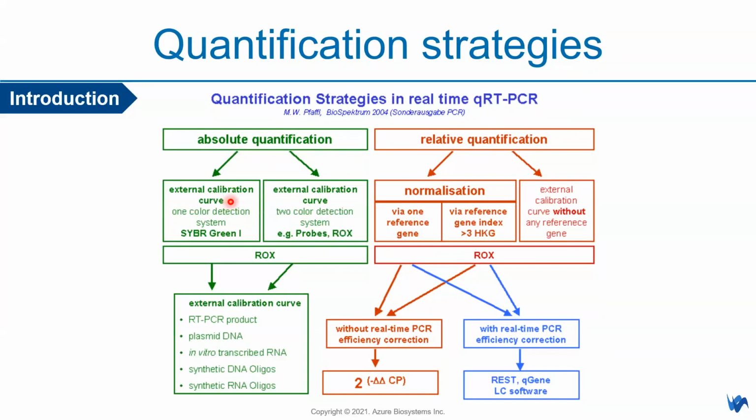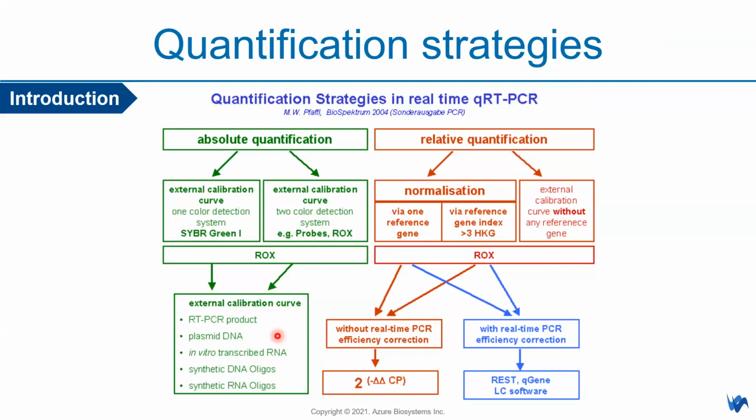Either you're using one color detection system, which is using just a SYBR Green, or using multiplexing detection system, like you're having different probe dyes, by the end of the day, you still need to establish that external standard curve. Okay, so in order to establish the external standard curve, so you get the data for your unknown sample, you need to pick what kind of sample or what kind of the standard type that you want to use to establish or generate the standard curve.